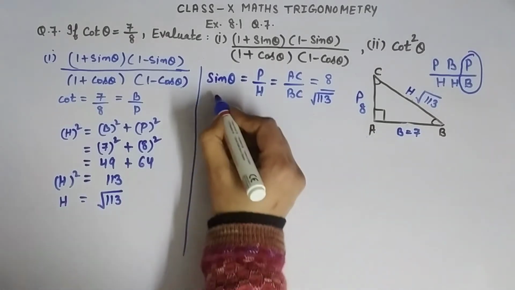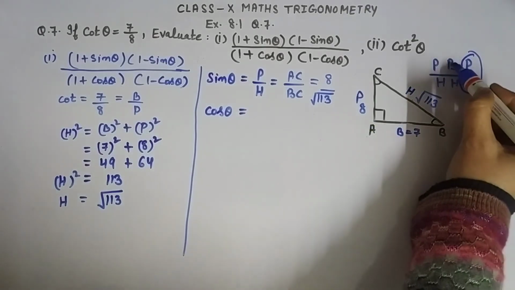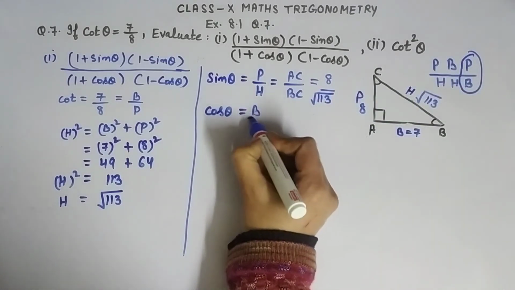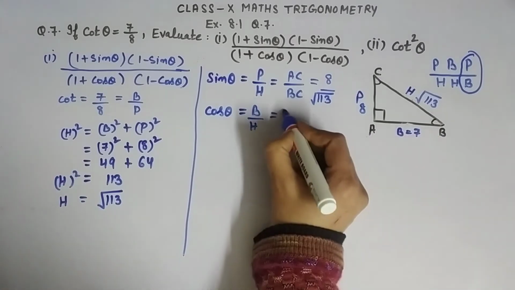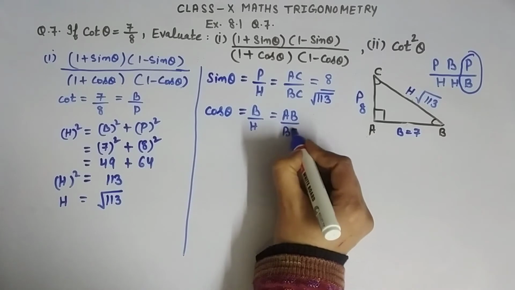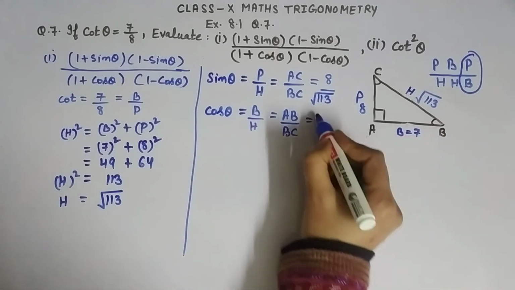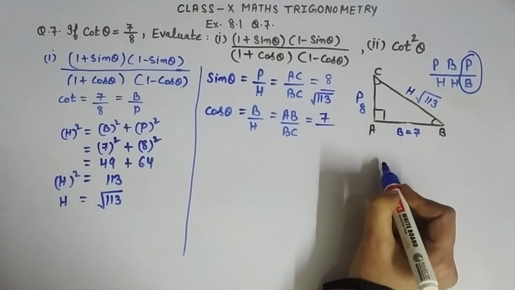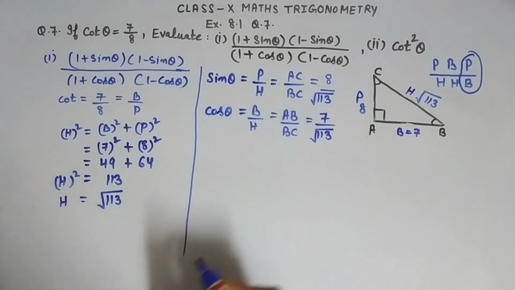Okay, similarly cos theta is base upon hypotenuse, so here base AB upon hypotenuse BC, and the values AB is equal to 7 upon BC, under root 113.